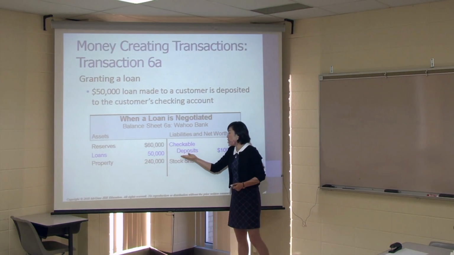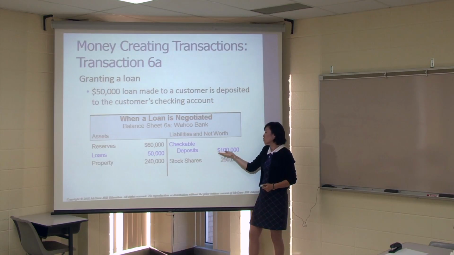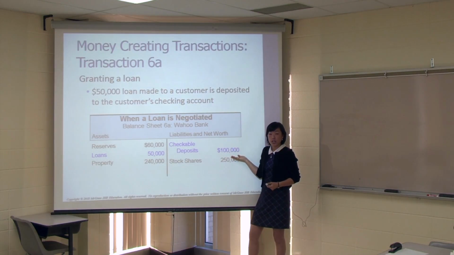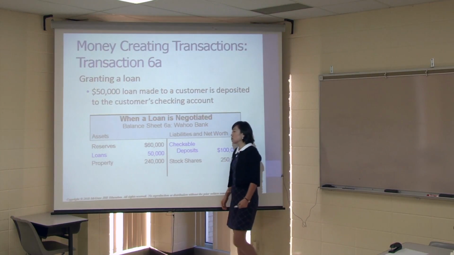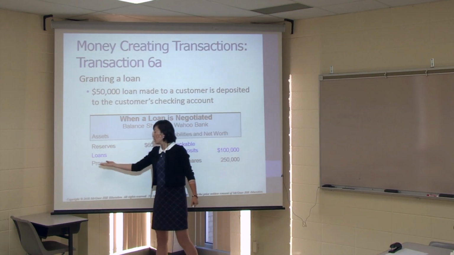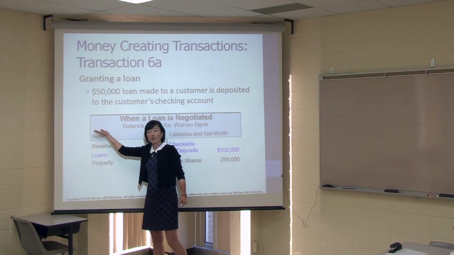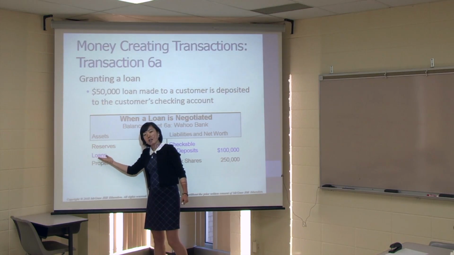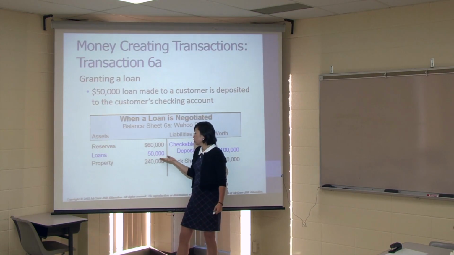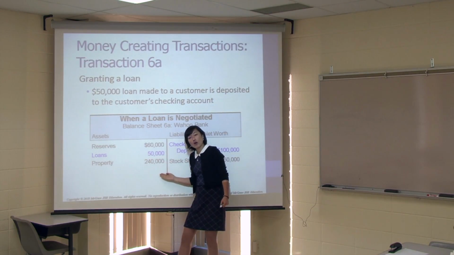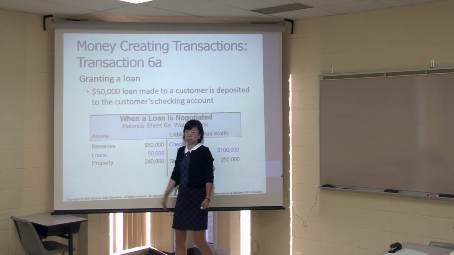See, the checkable deposit increased from 50 to 100. And of course, you don't get this money for free. You have to pay the money back in the future. And this is an asset for the commercial bank. We write it on the left side, meaning you owe the commercial bank $50,000 and you are willing to pay them back.